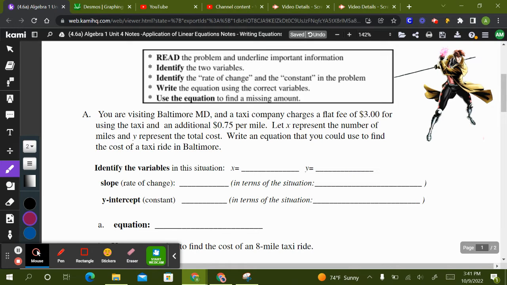Okay, so this example says you are visiting Baltimore and a taxi company charges a flat fee of $3 for using the taxi, and an additional $0.75 per mile. Let x represent the number of miles and y represent the total cost.